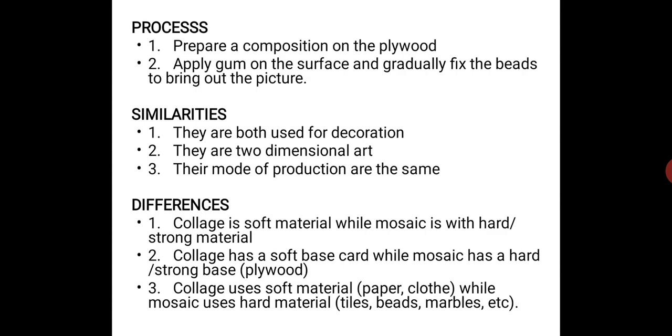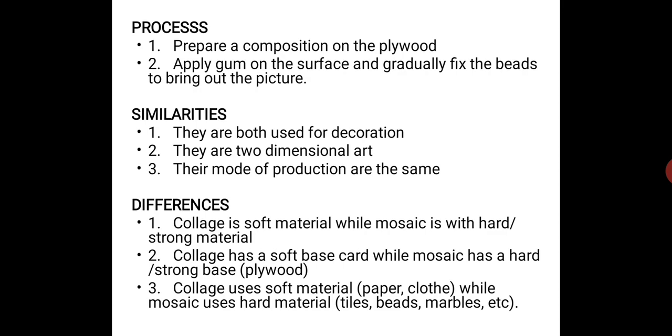Differences. While we are talking about the materials that are used, we mentioned paper in collage, and we mentioned plyboard in mosaic as the base. So we have soft materials in collage and hard or strong materials in mosaic.